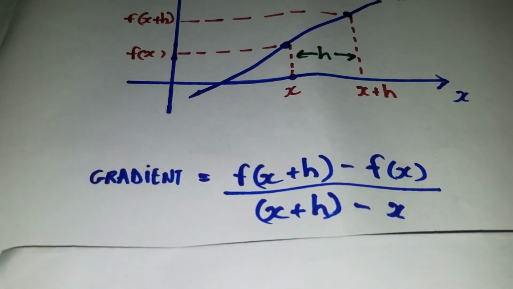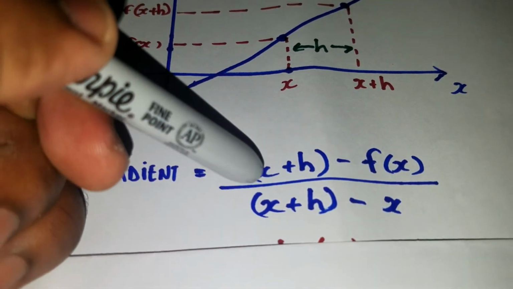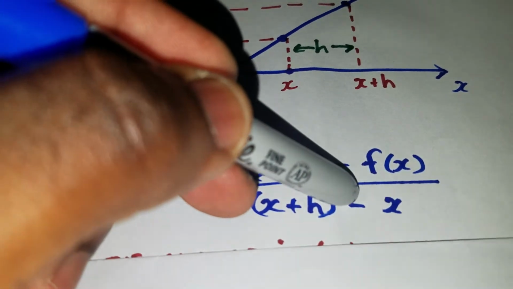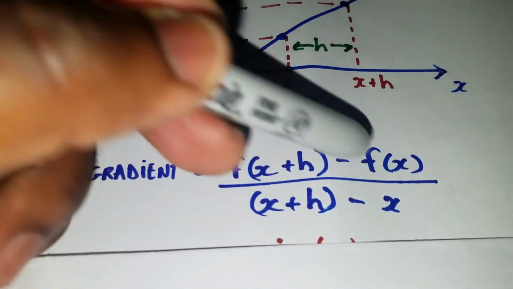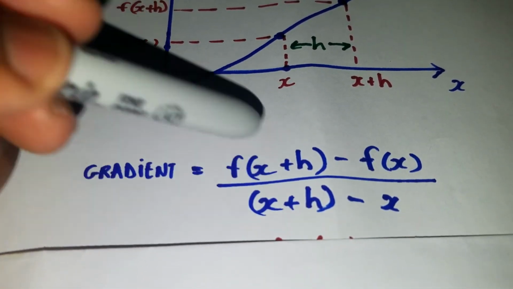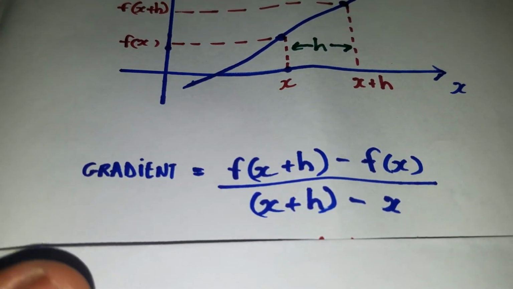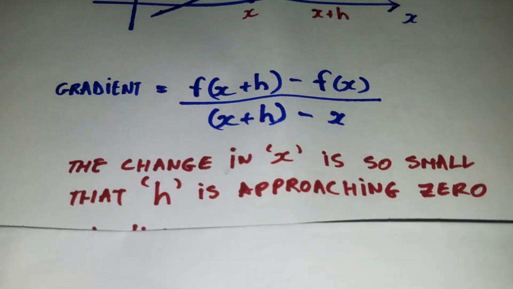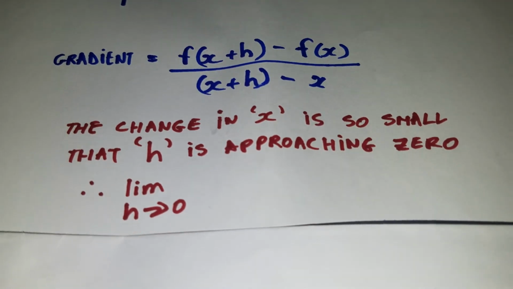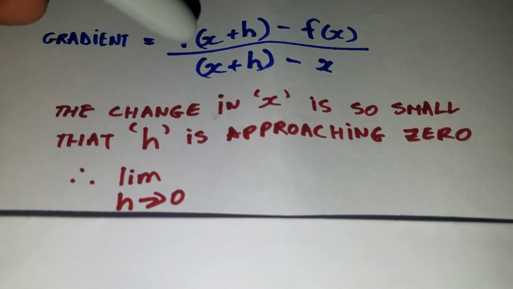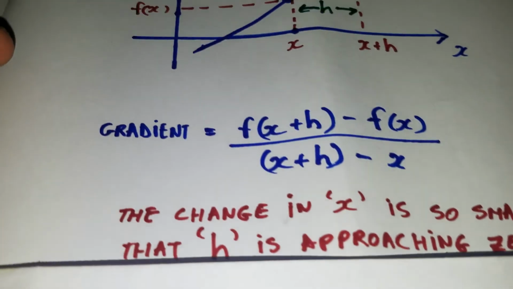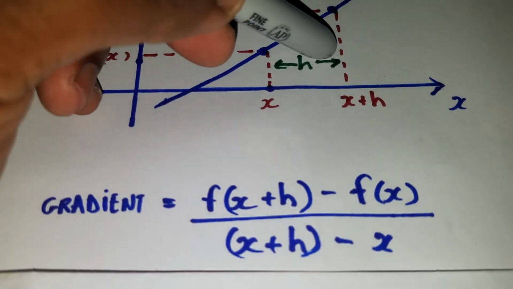Good? Now with this, we can see that x will cancel x right here. So x minus x will cancel out each other, leave us with h alone, and the numerator will remain the same. So, as we were saying above, the change in x is so small, meaning this change right here.